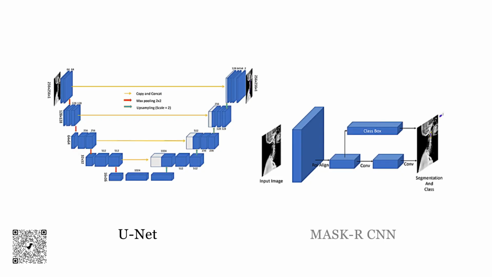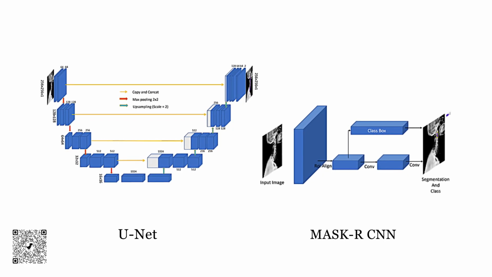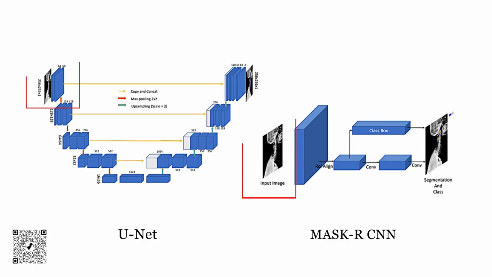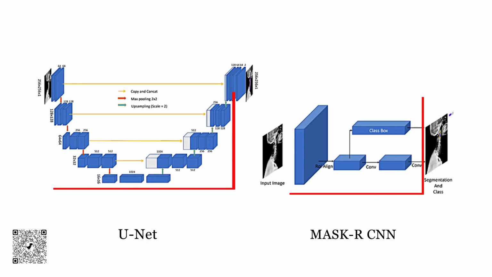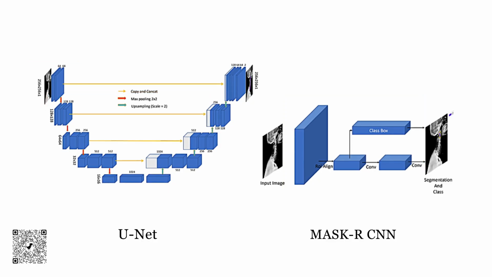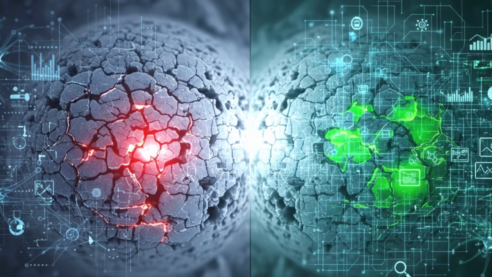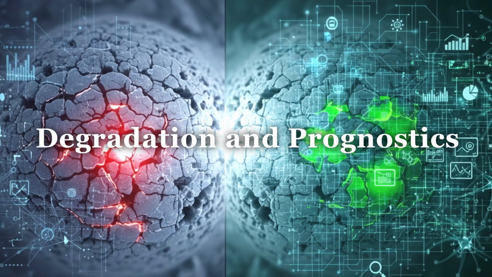Here, we deploy CNN architectures, specifically the UNet and mask RCNN algorithms. These are segmentation champions. They ingest raw microscopy images and perform semantic segmentation, classifying every single pixel as pore, particle, or binder.